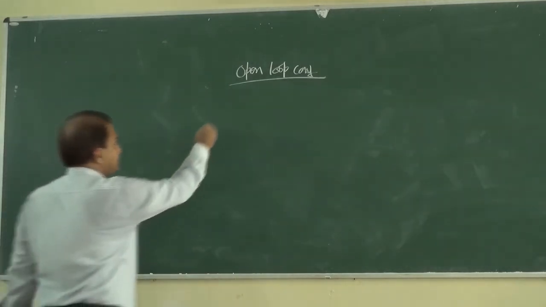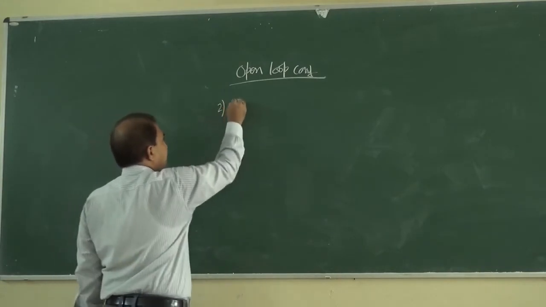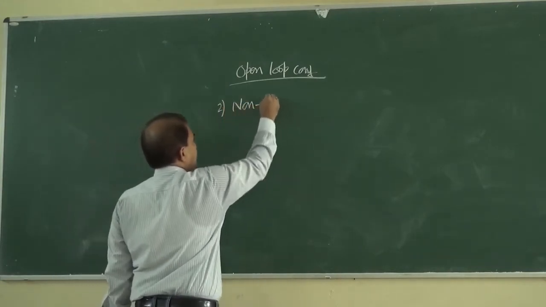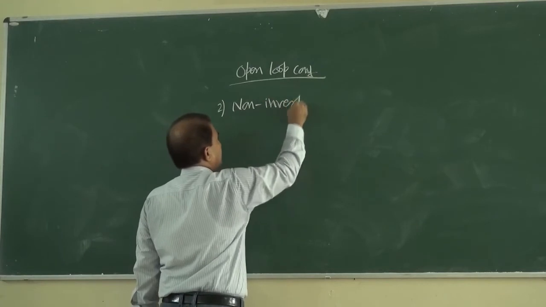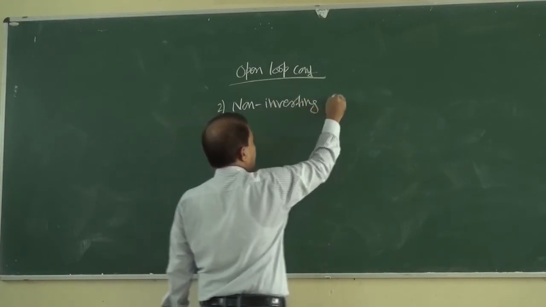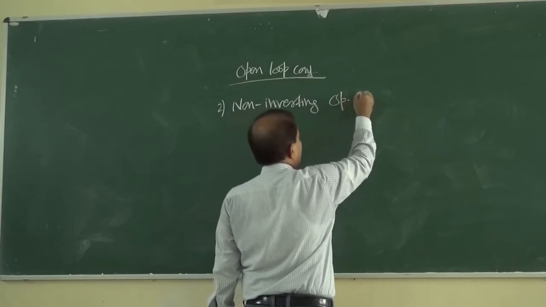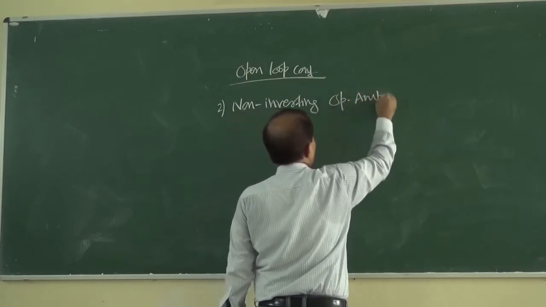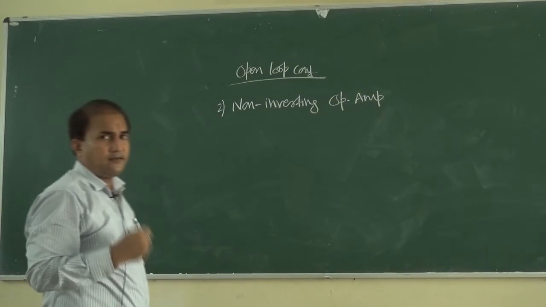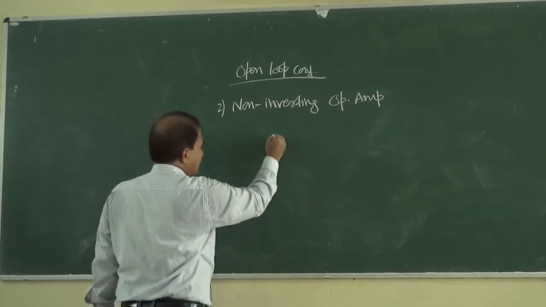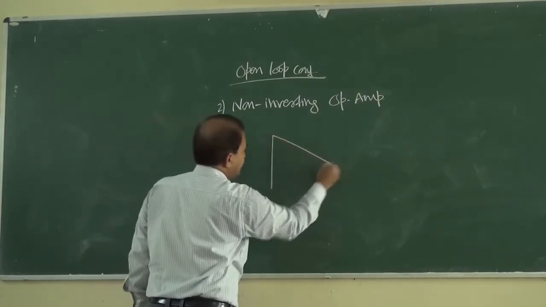Then the second type of configuration we will see is the non-inverting operational amplifier. So the circuit diagram we can see.